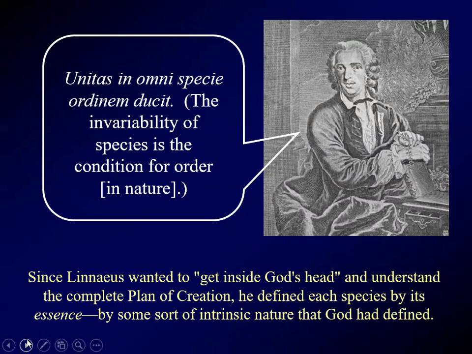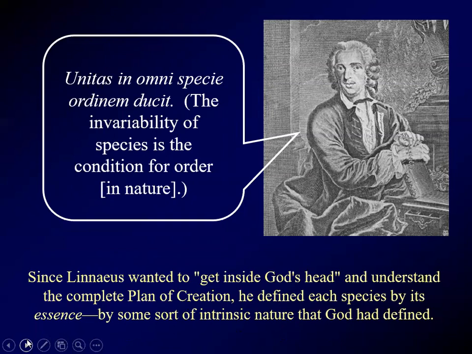All members of Homo sapiens are members of that species, ultimately because they share some kind of divine essence, some kind of humanity nature that God put there. All dogs are dogs, not because they look alike, but because they all have some sort of essential innate dogness, dogosity.